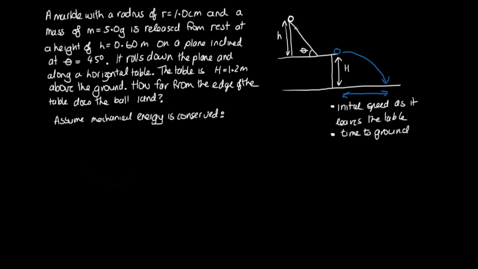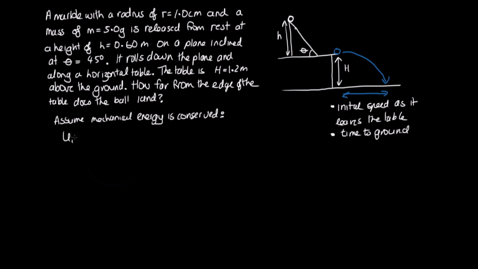In this case, we do have friction between the ball and the plane. That's what makes it actually roll rather than just slide. But because the surface of the ball is not moving against the plane, it's stationary at the point where they touch, that friction isn't actually doing any work. So this is a reasonable approximation.